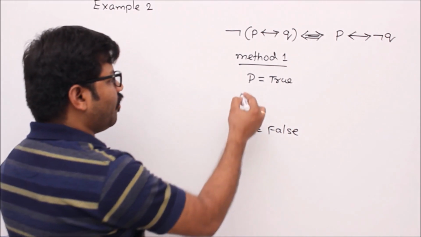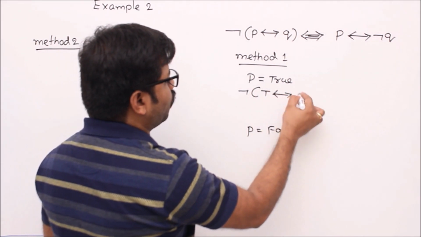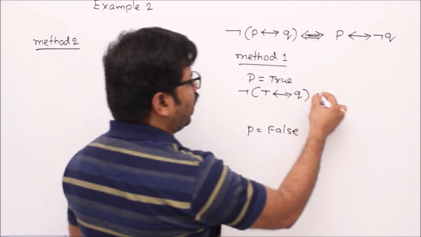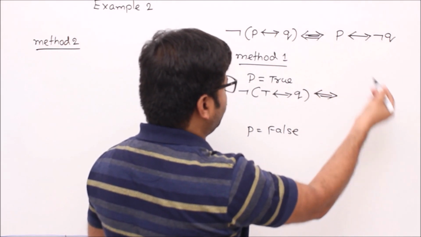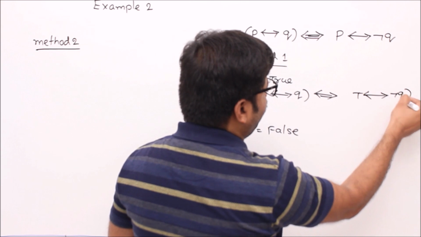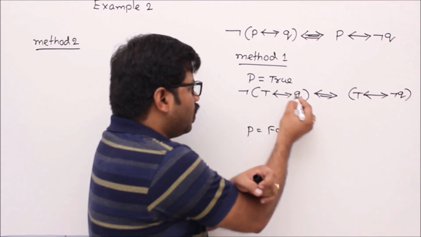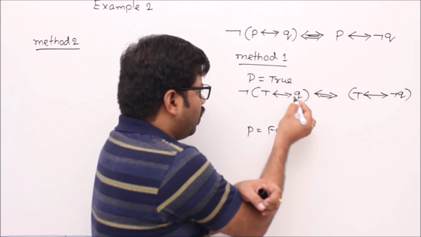Let me reason when P value true. Negation of true double implies Q is left side, and right side, I am substituting P value true, true double implies negation Q. Are they equivalent? We'll see. Now just observe Q's values.